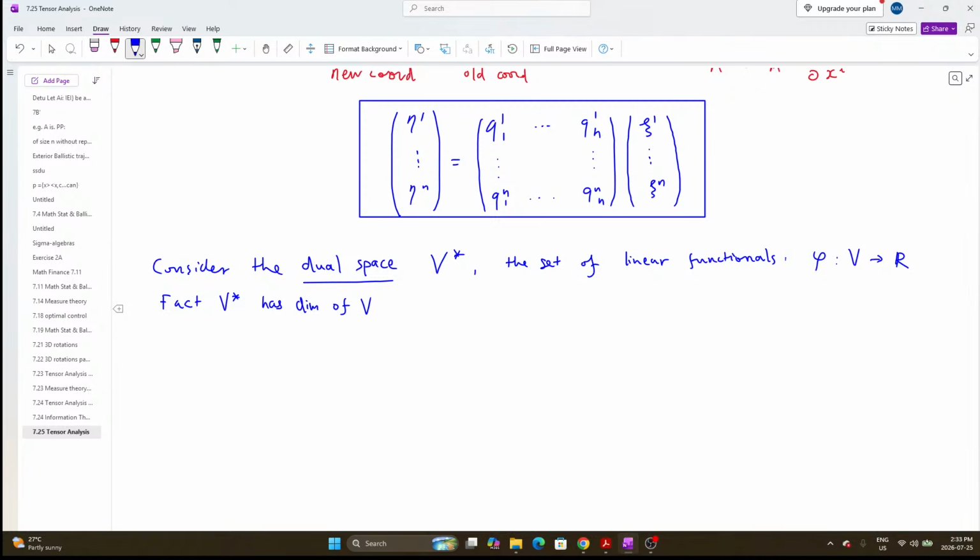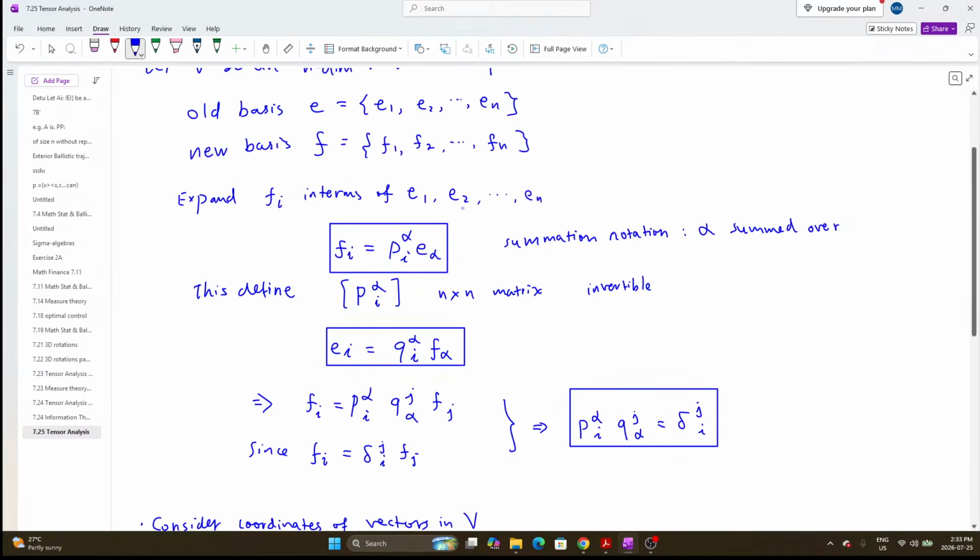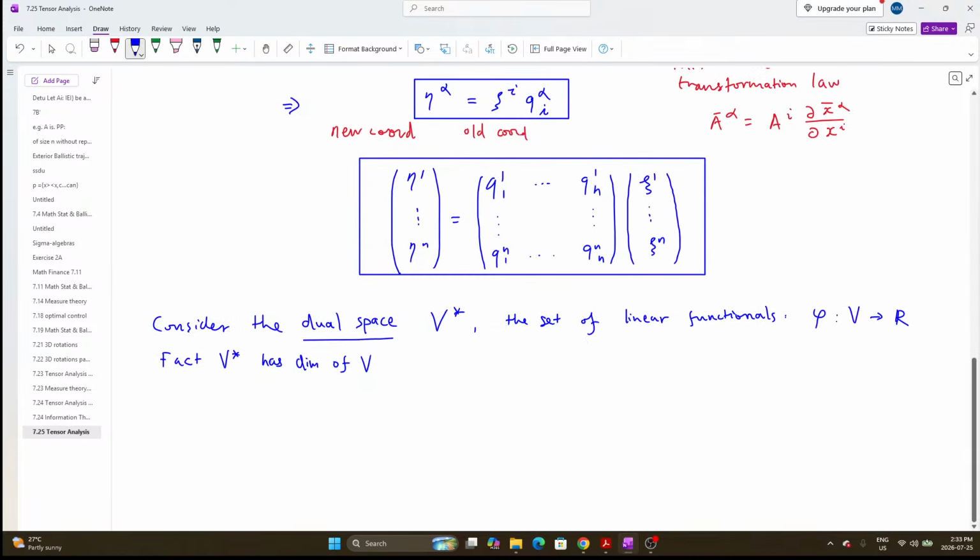And now for the dual space, you can also do the same business we had earlier. So for the dual space, you have two bases for V star. Okay, and why don't we give them some names? What would be a good name for the bases in a dual space?